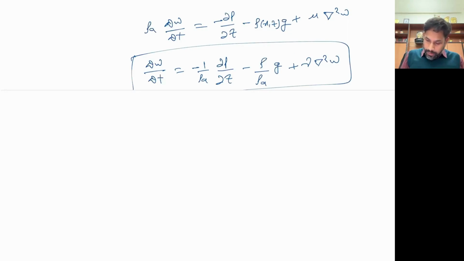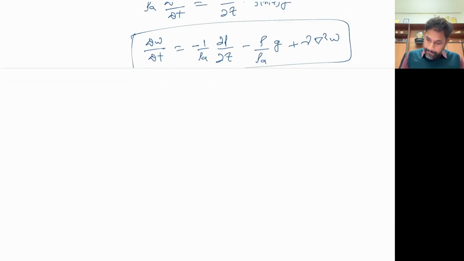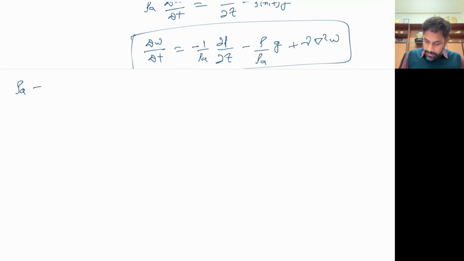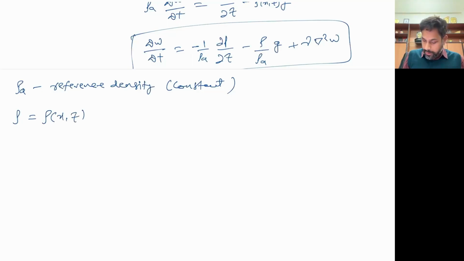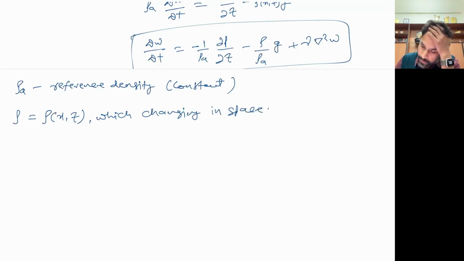Rho a is the reference density, which can also be called a constant, and rho here is the rho of x z, which is changing in space, right?